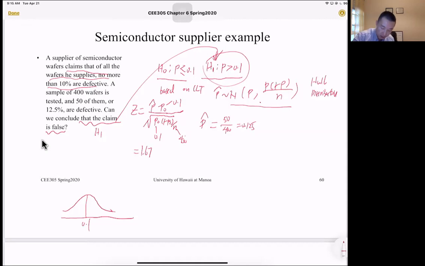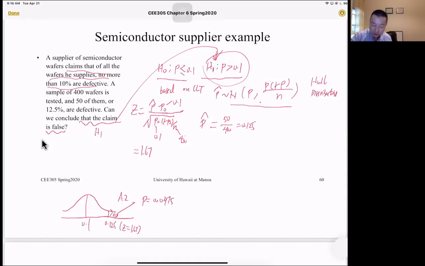P0 is 0.1, and the sample proportion of 0.125 corresponds to a z-score of 1.67. From table 8.2, the area to the right of z, the p-value, is 0.0475.